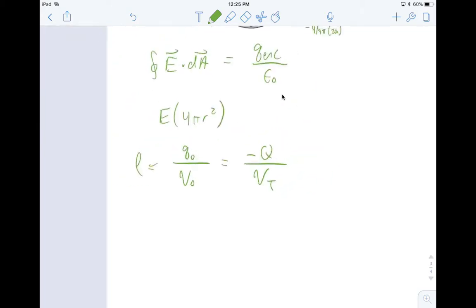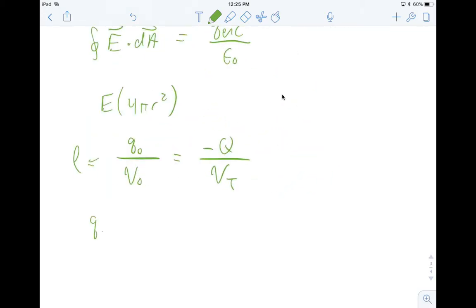So Q outer is going to be negative Q times V outer over V total.